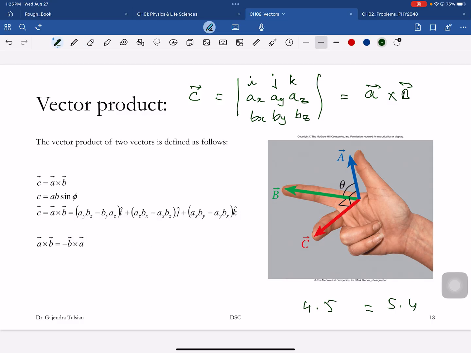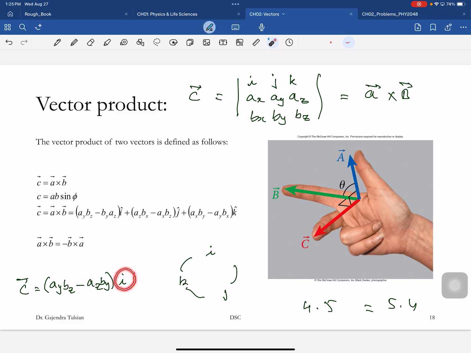You just have to remember that formula. And actually, if you do it enough times, you'll naturally remember it. Let me show you how to do this. The x component of C, here's how you write it. The x component of C is AY BZ minus the flipped AZ BY.